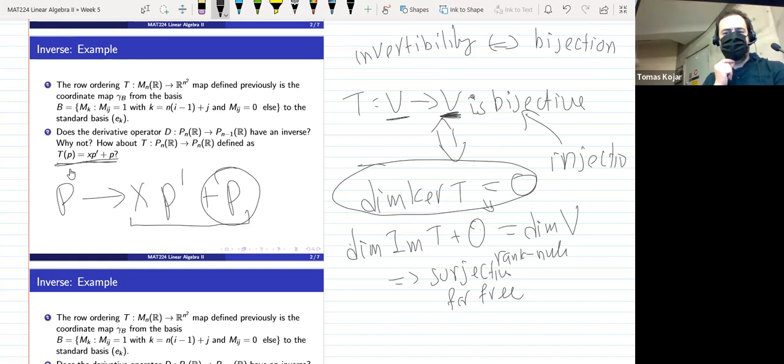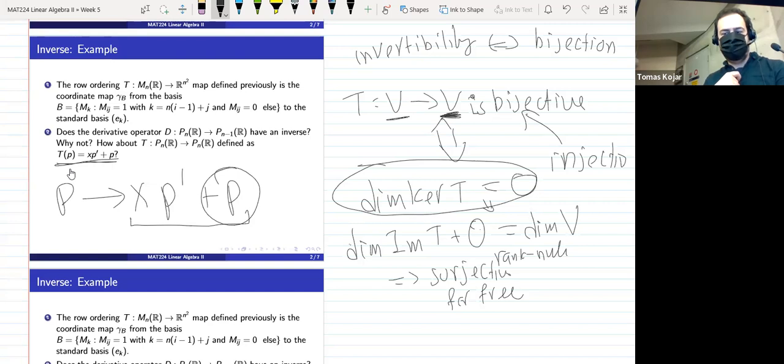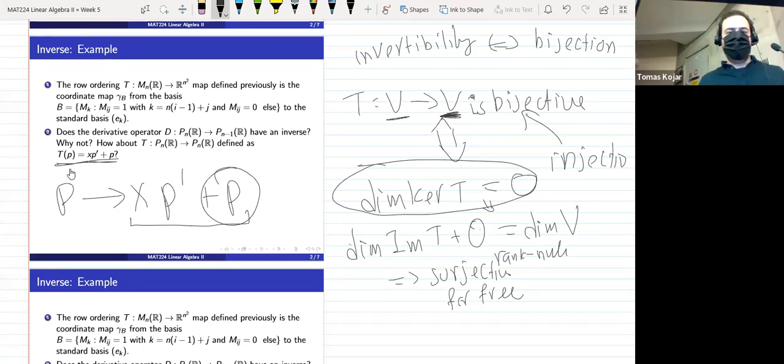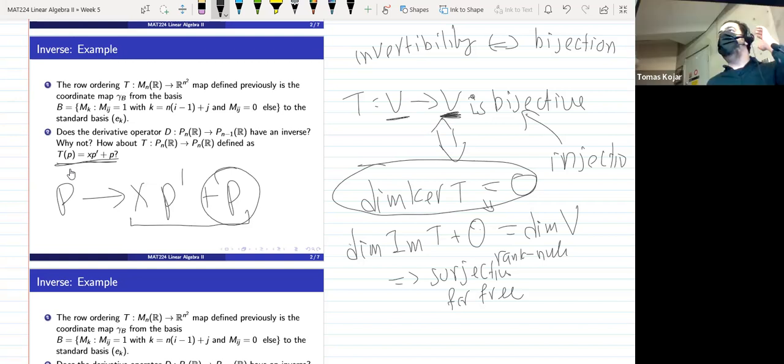Yes, it's on Gradescope, so you write on paper, take a photo, and upload the picture to Gradescope.